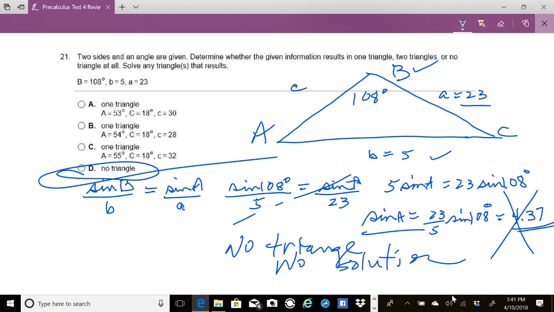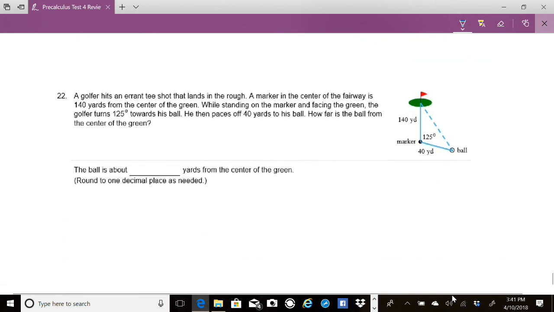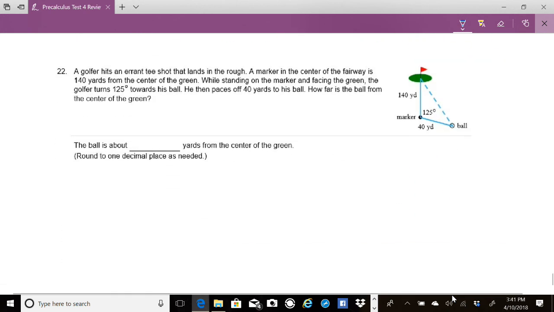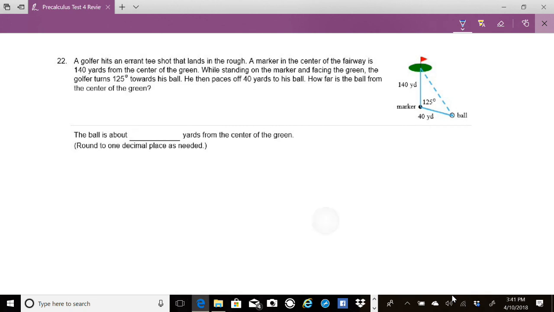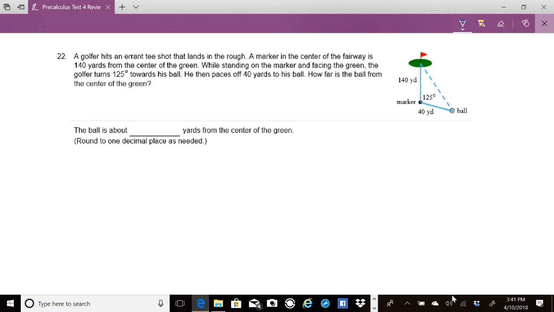And then finally, the last problem is going to be a law of cosines problem. And I put this up because we just got over with the Masters. Here, a golfer hits a tee shot that lands in the rough 140 yards.